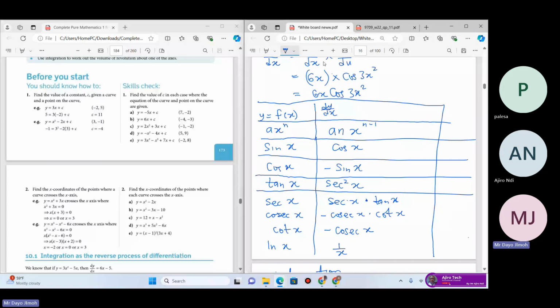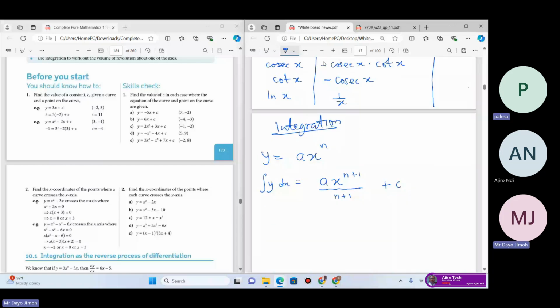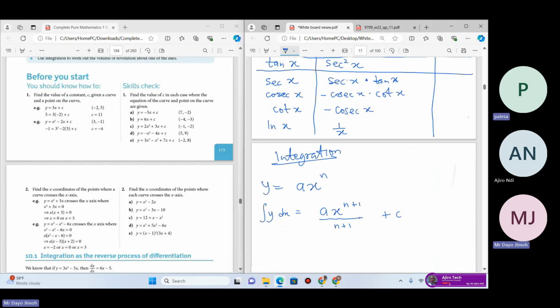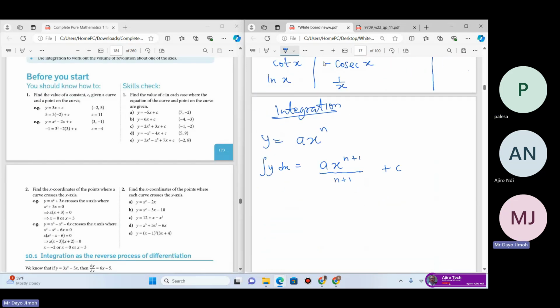And instead of multiplying by n, we divide by n plus 1. In derivative, you first multiply by n before you change the power. But in integration, you increase the power first to n plus 1, and then divide. That is integration.